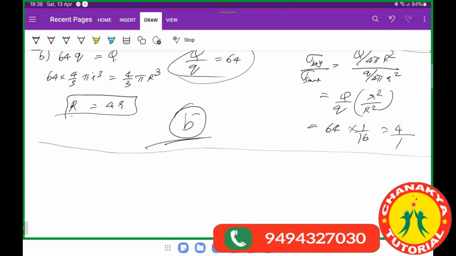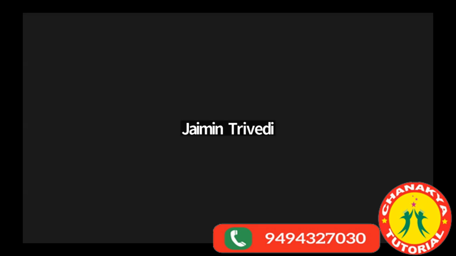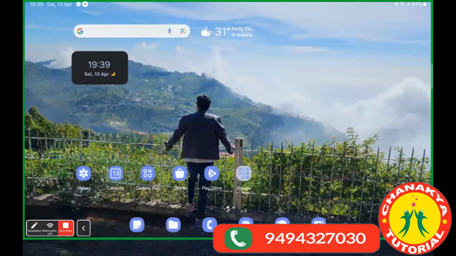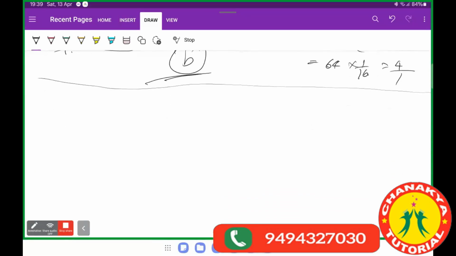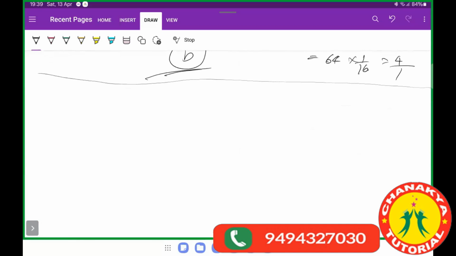What they're saying is identical. Now they are considering friction also. Coefficient of friction is given as 0.25.